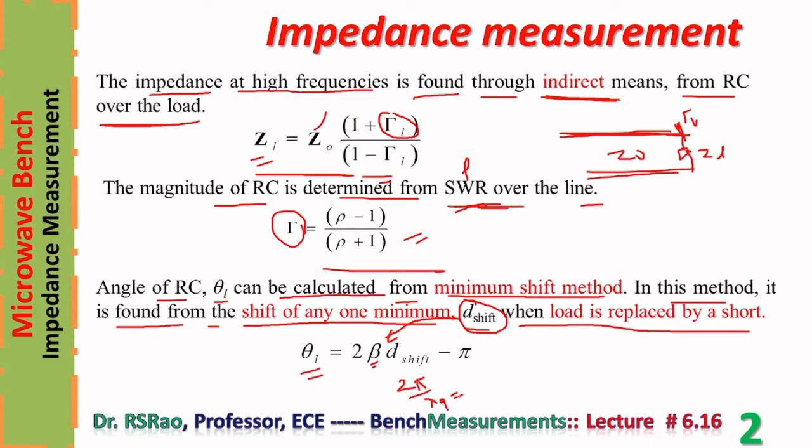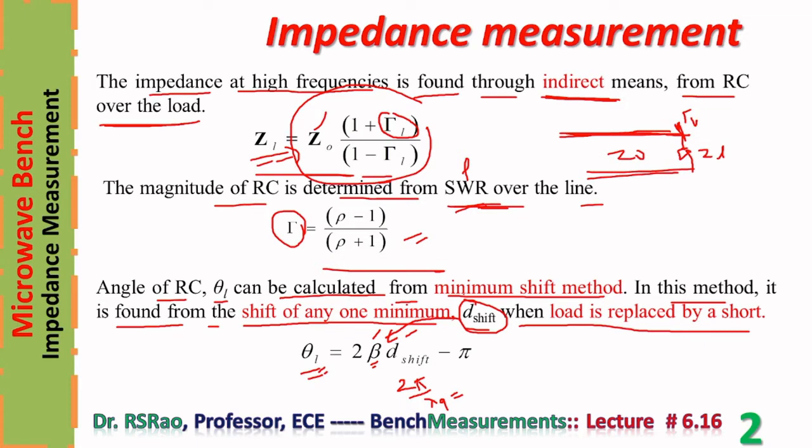Lambda g can be found from the bench. So beta and D shift can be found, and theta L can be determined. Once magnitude gamma L and theta L are both determined, one can substitute here and get the load impedance.